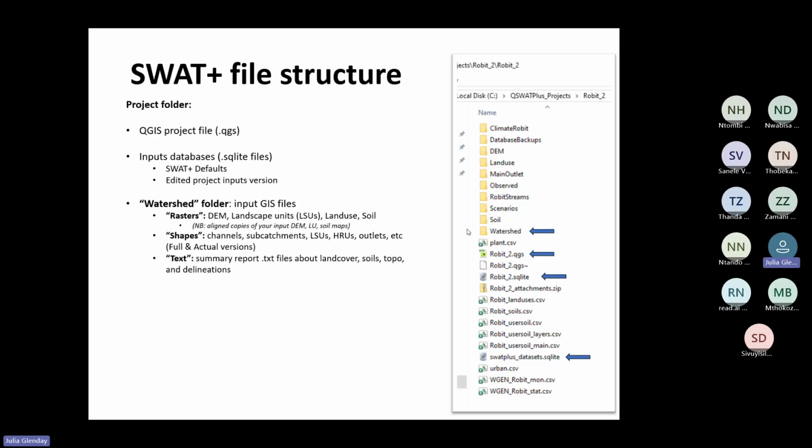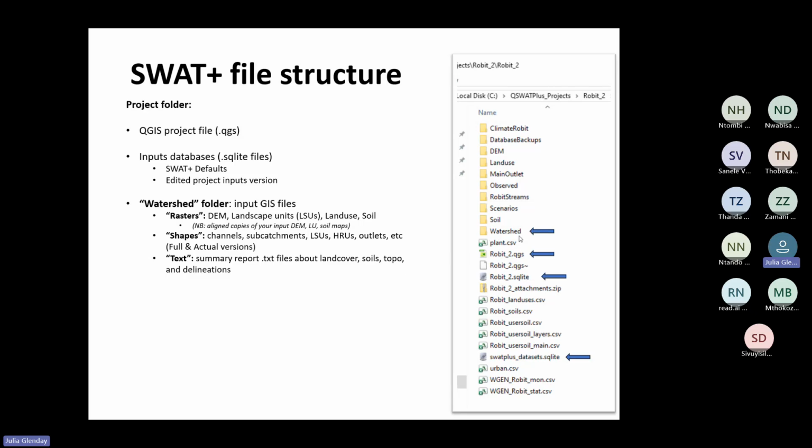It also makes this watershed folder for you. And what's in there, I'll show it to you just now, but it has a folder for rasters and for shape files and for text files within that watershed. And this is about the model structure. So this is where the GIS files of the channels that we make, the subcatchments, the landscape units, the HRUs, the finalized versions of all of that spatial data that's in your GIS project for the SWAT Plus project end up in that watershed folder.